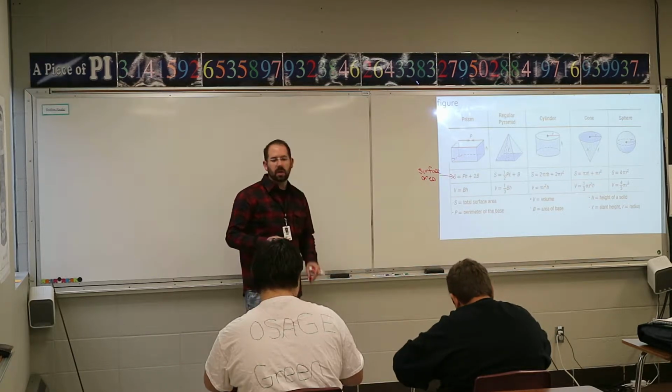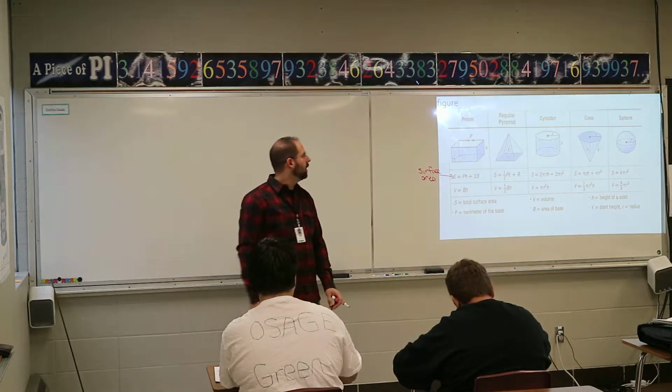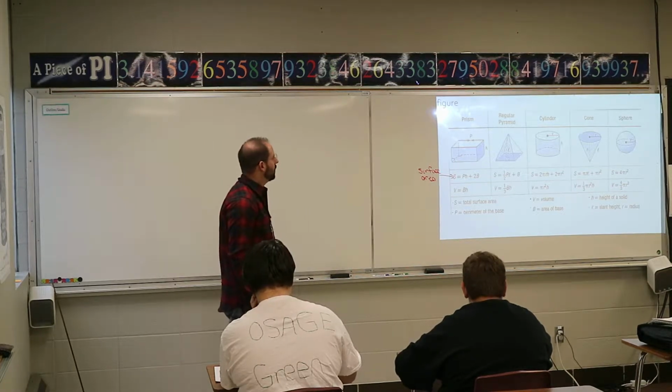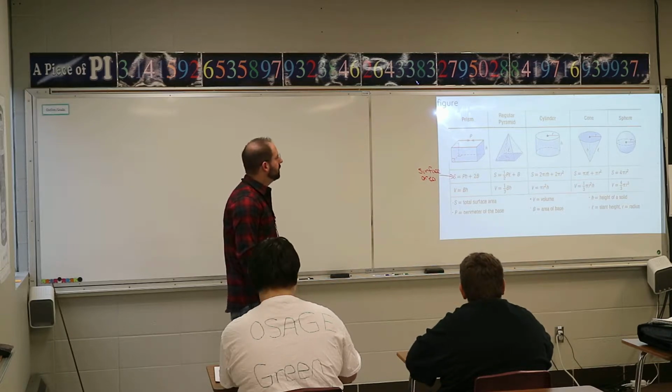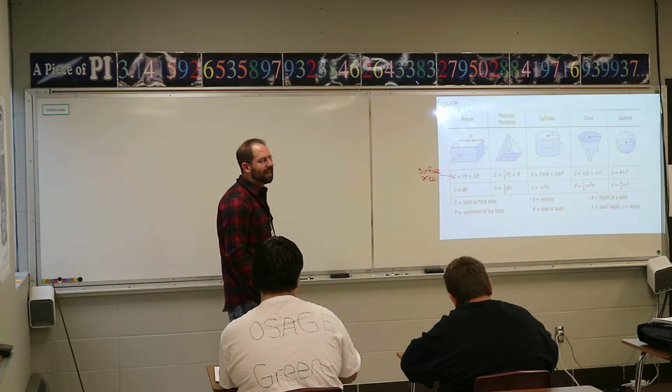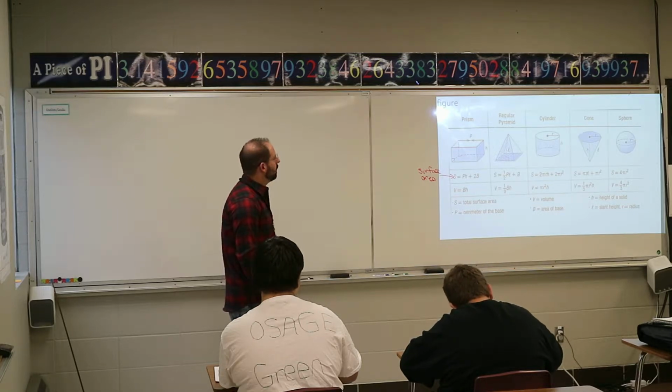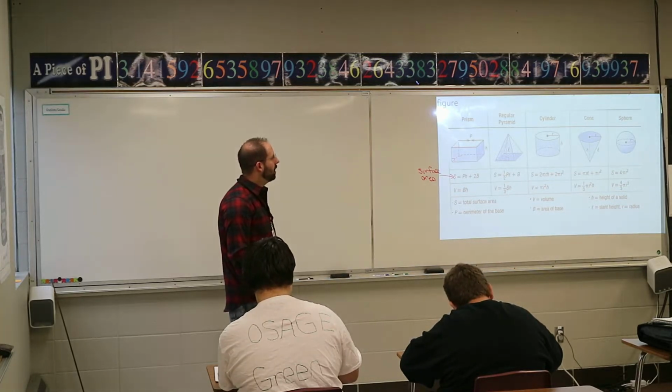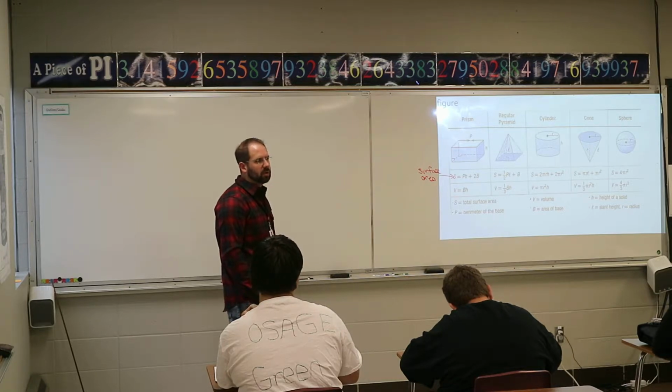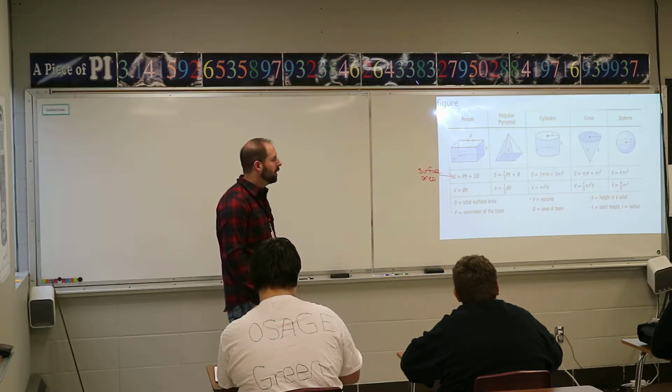Now this chart is in your textbook, I'll show you the page where I found it. But these are the main 5. They had more. I just picked the main ones I wanted, ones I'll probably put on a test. And on Monday we'll probably walk through the pyramid one. I'll show you like if it's not regular, how would you attempt that problem?